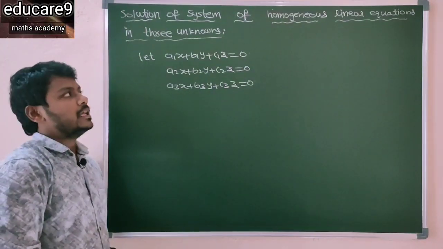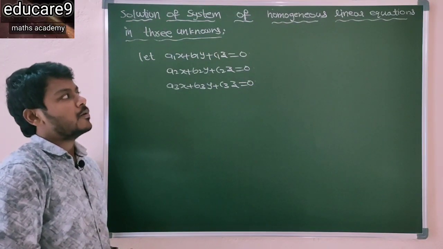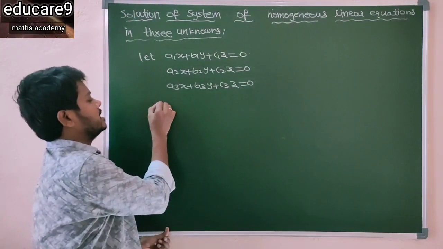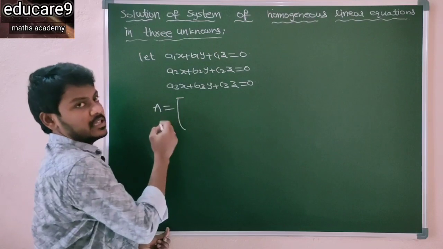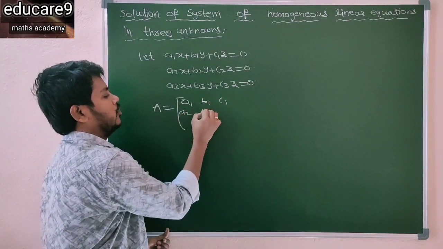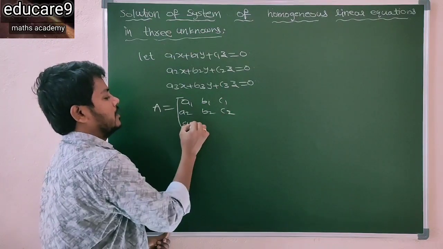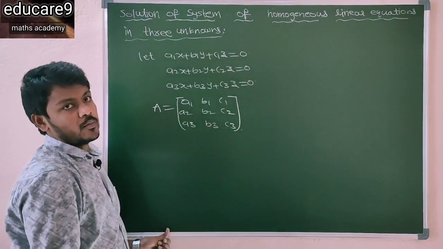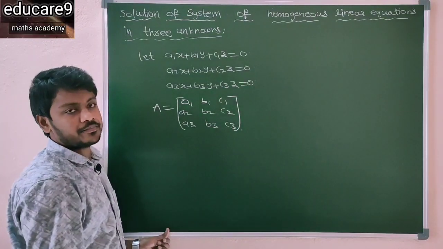So these are the three homogeneous equations. So here what is A? A is the coefficient matrix, that is a1, b1, c1, a2, b2, c2, a3, b3, c3, and X is the variable, your constant matrix is O.